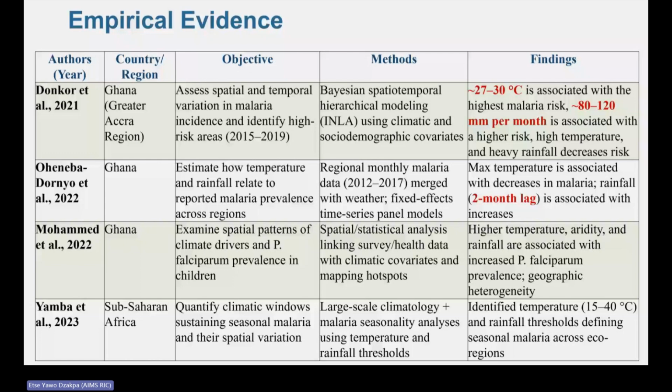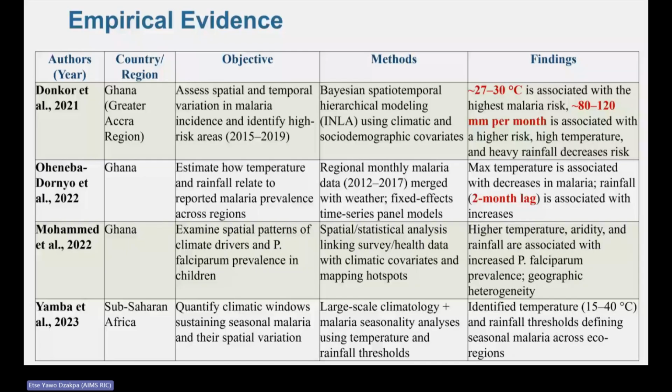However, other research also found that when the temperature goes above a certain range, it contributes to reducing malaria cases. Later on, we will see the mechanism by which extreme temperatures contribute to reducing malaria cases.